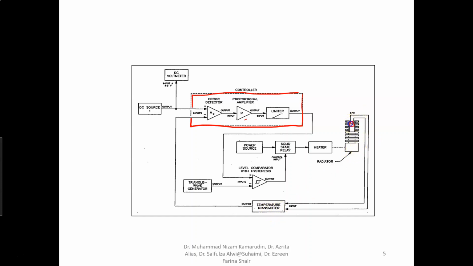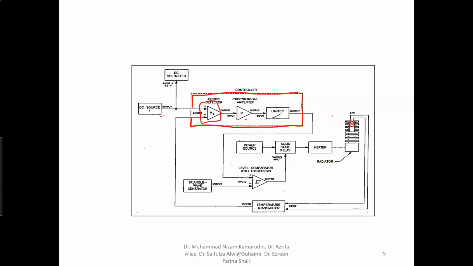This is a thermocouple, and the thermocouple sends the temperature to the controller through this error detector, and this error detector will calculate the error between the demand and the output, and this will be the proportional control system for the radiator.